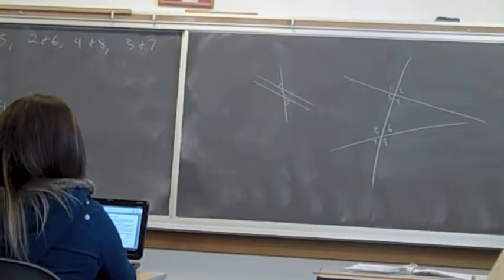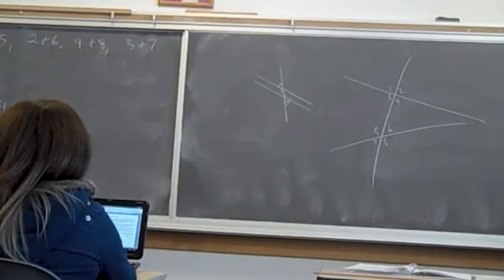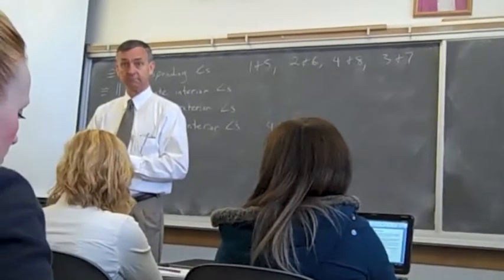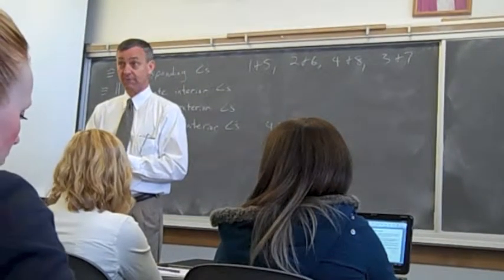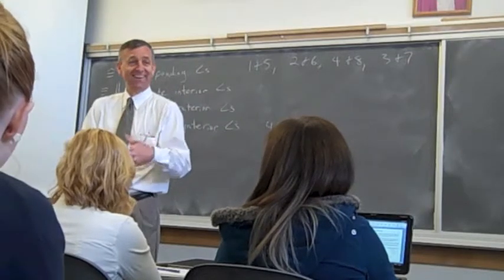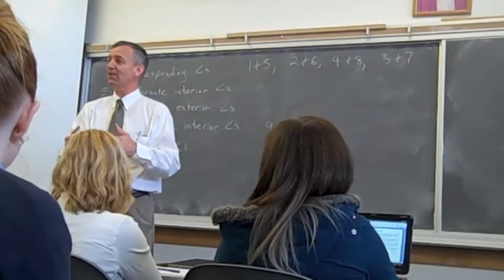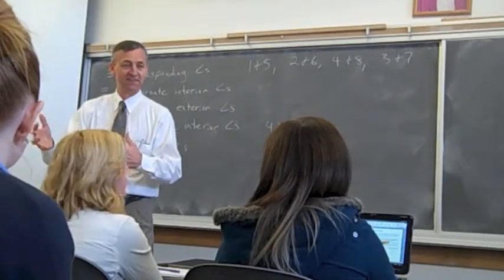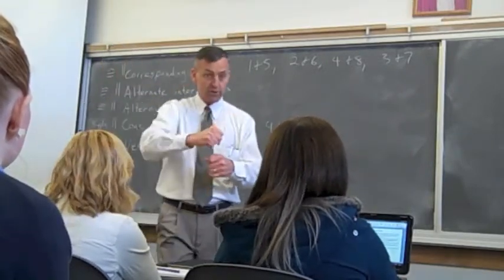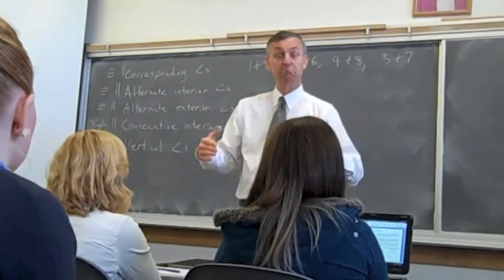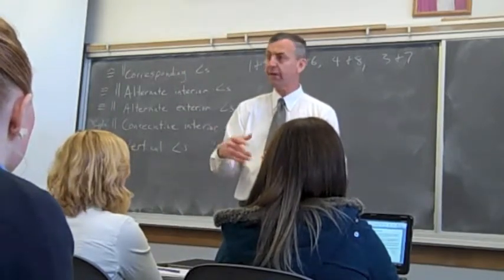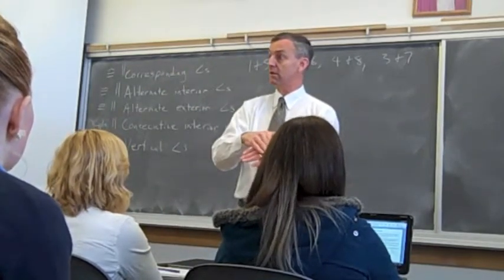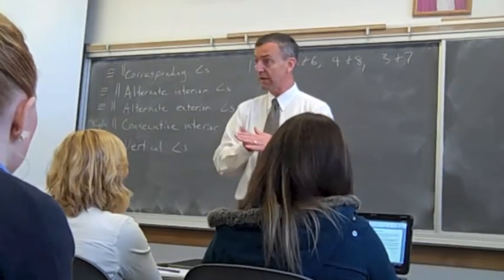Then what did we do? You tore off the corners and put the vertices together, and everybody formed a straight line which we knew contained 180 degrees.